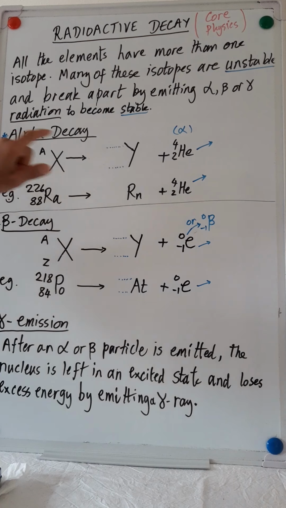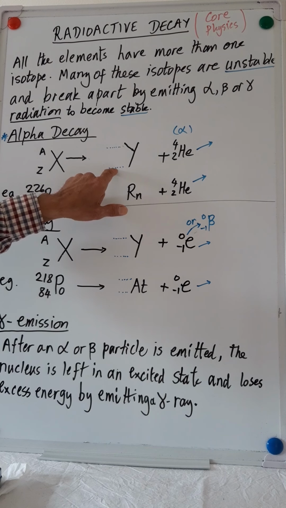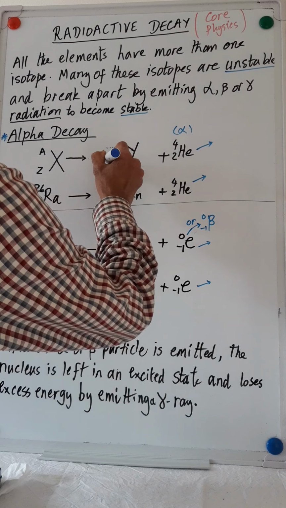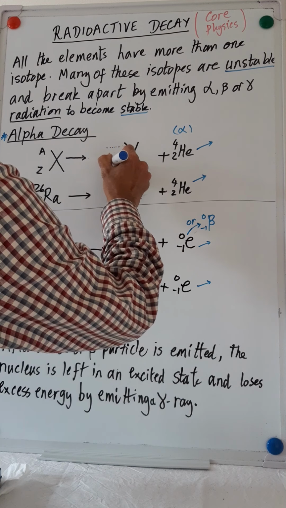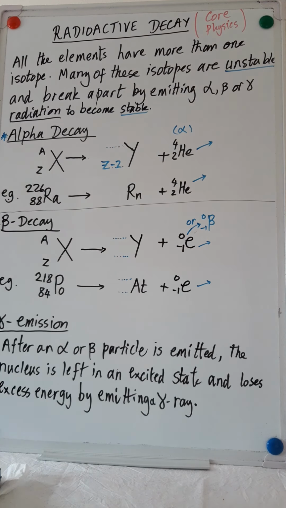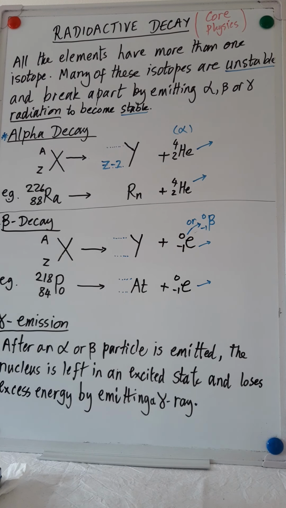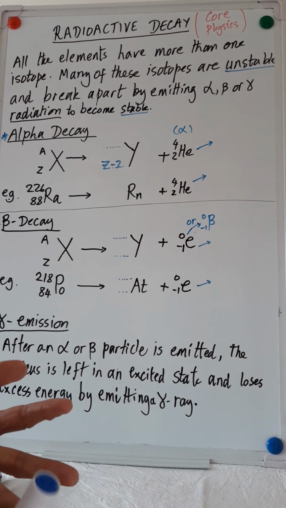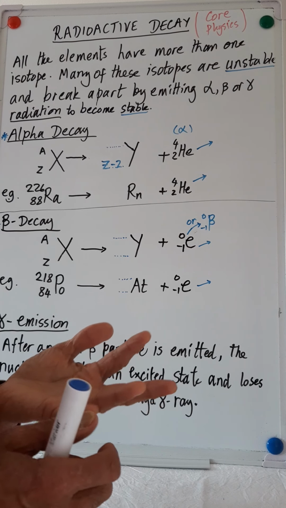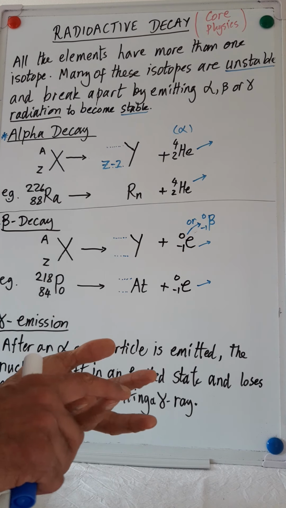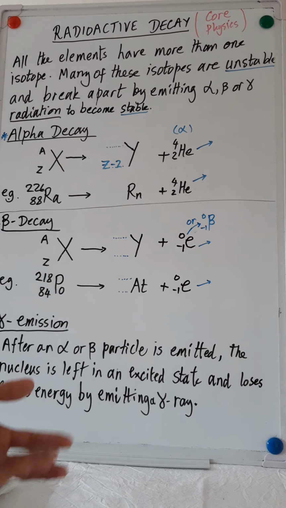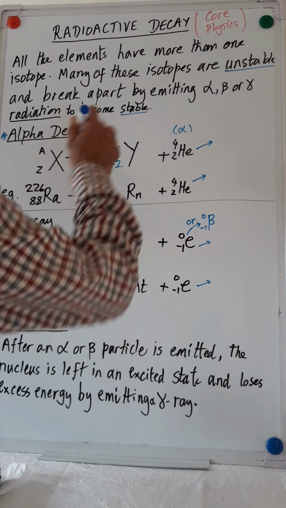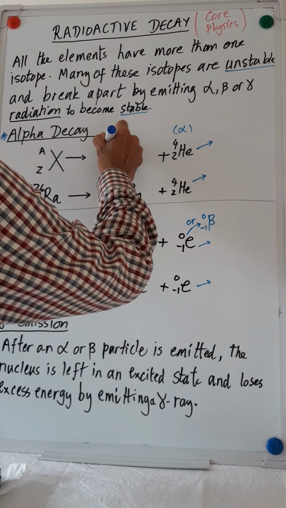So what is the atomic number going to be? It's going to be Z minus 2, because there are 2 protons less, and its mass number will decrease by 4. Now remember, 2 protons and 2 neutrons, they have the same mass, so altogether 2 and 2 is 4. The mass number will decrease by 4. So that will be A minus 4.